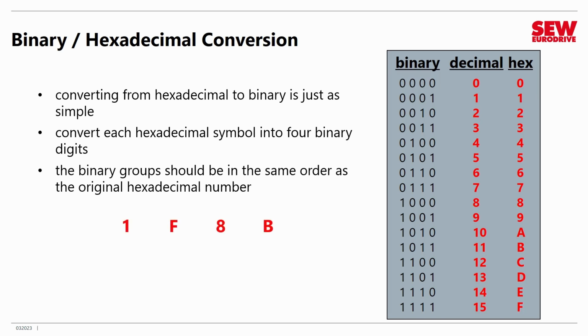So if we have the hexadecimal number 1F8B, just convert each one of those symbols into its matching binary pattern. So B turns into 1011, 8 turns into 1000, F turns into 1111, and 1 turns into 0001. That's it. Super simple.